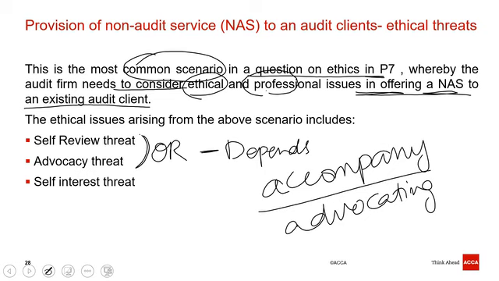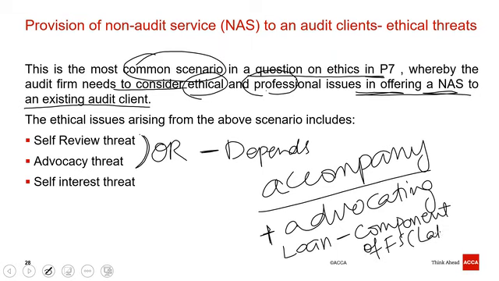But answering a question, I think, which came from one of the students: can one situation give rise to multiple threats? Now, when you accompany your client to a meeting with the bank, obviously it's giving rise to advocacy. But if the loan is negotiated, or if the loan is successful in a meeting with the bank, then that loan will become a component of the financial statements later.